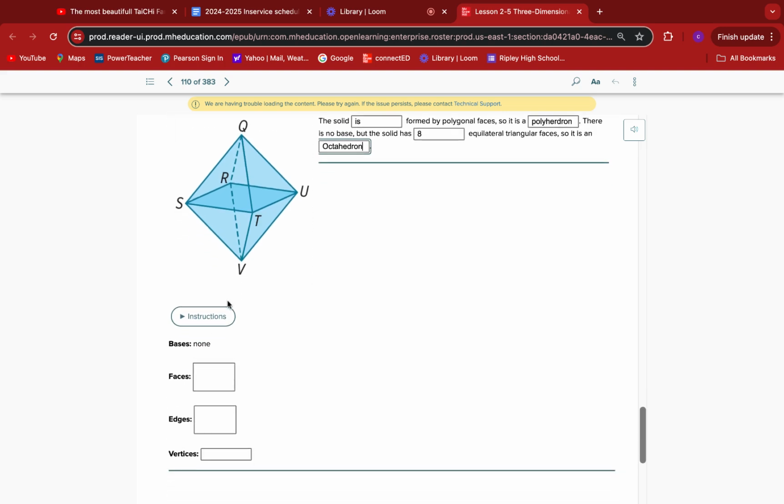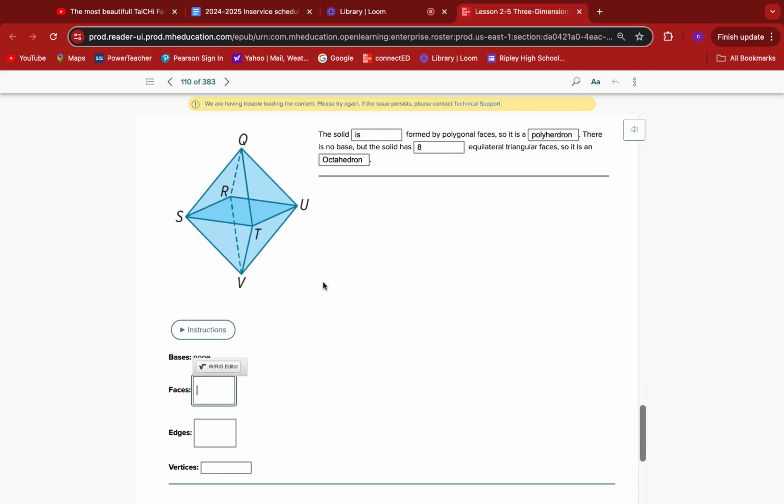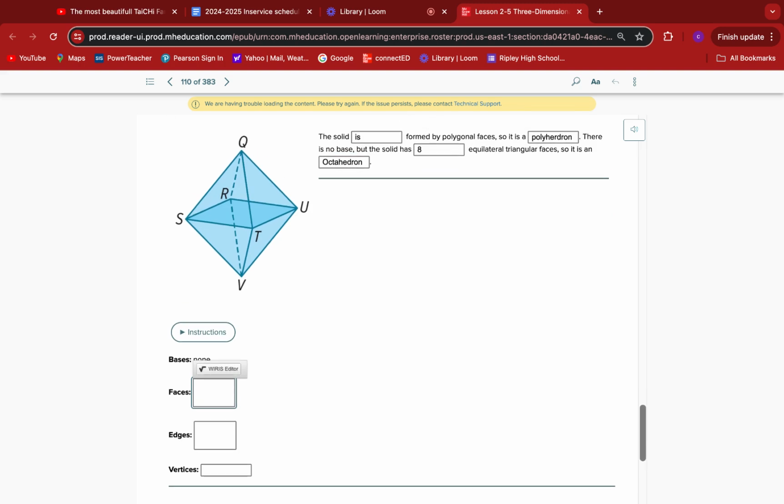All right, here we go. What are our instructions? Use keyboard. Okay. All right, so our faces. Now this is going to be kind of interesting to write. A face is like this triangle, QST. That's 1. And then you're going to have QSR, QRU, and then QUT for the top 4 triangles.